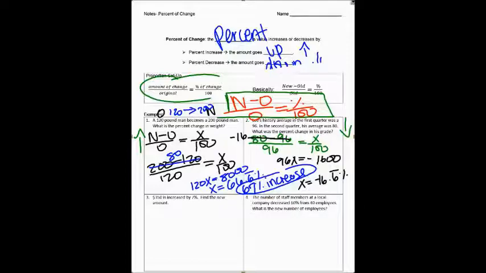Positive percent means it's an increase. However, you should know if it's an increase or decrease because of the definition: if the amount goes up, increase; if it goes down, decrease. So you can leave it like that, or we can write 16.6% decrease. Okay?